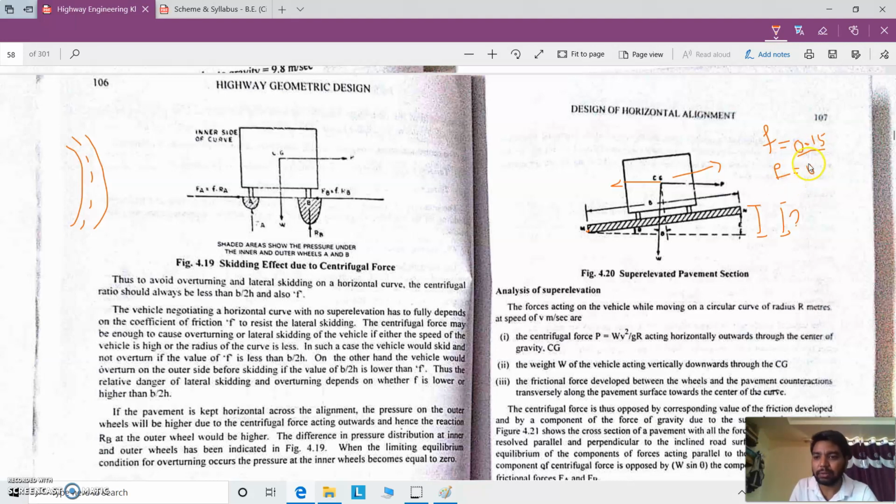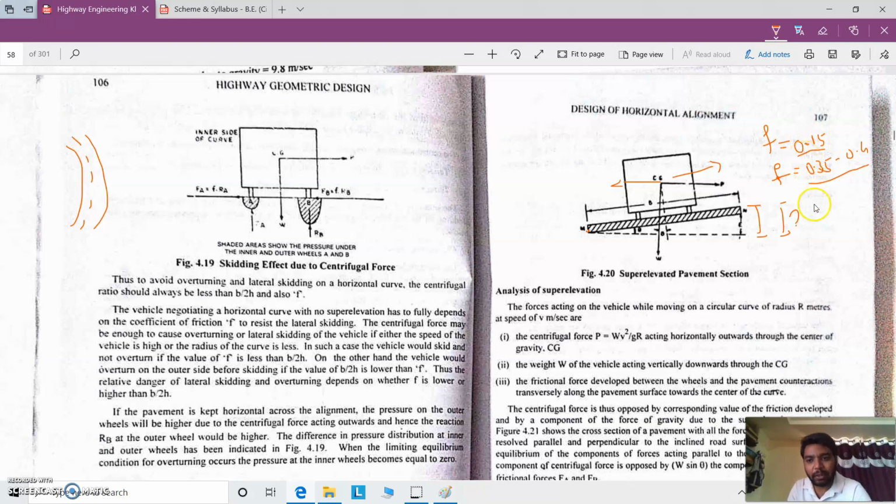In the longitudinal direction, we have discussed that it is 0.35 to 0.40. This is the frictional value recommended by the Indian Roads Congress in the longitudinal direction of the highway. If the vehicle moves laterally, the frictional force is considered to be 0.15.